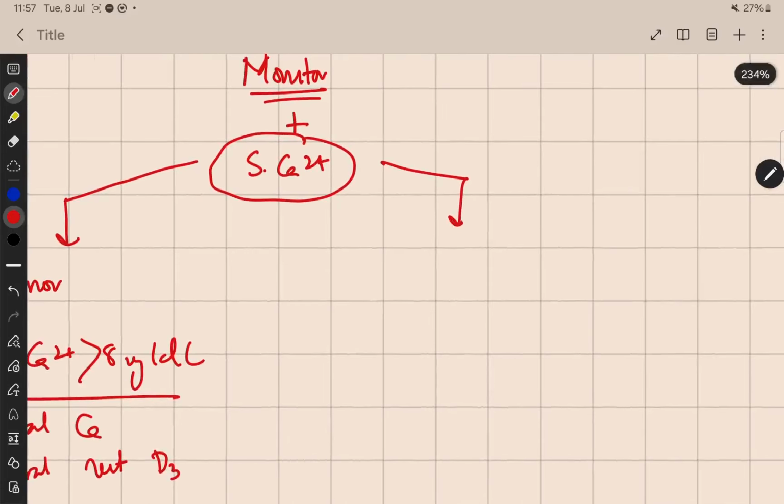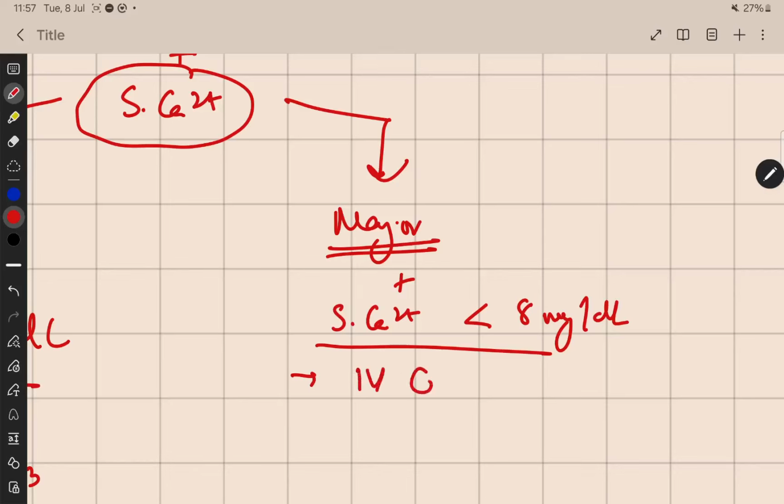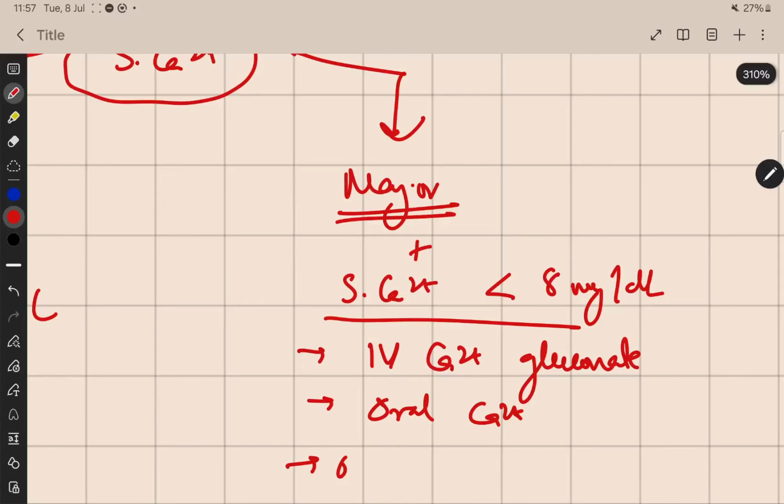While in case of major symptoms like respiratory muscle paralysis, tetany and all, and if serum calcium is less than 8 milligram per deciliter, we will go for IV calcium gluconate, oral calcium and oral vitamin D3.